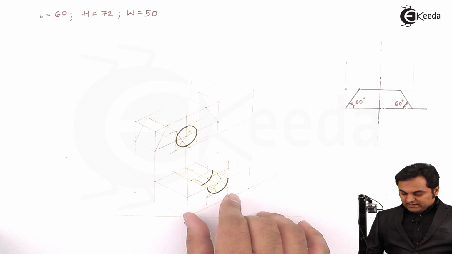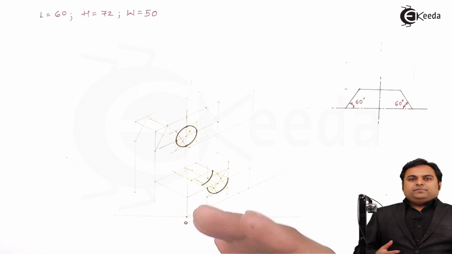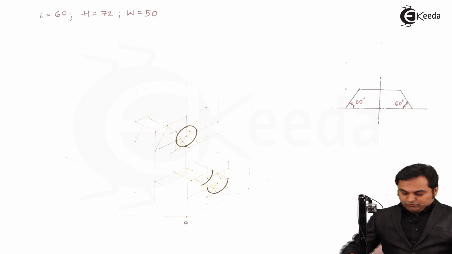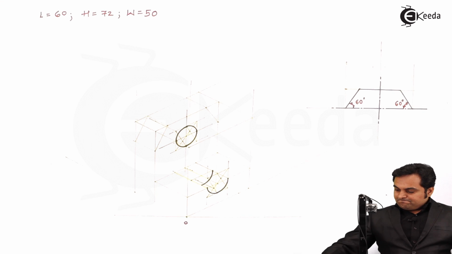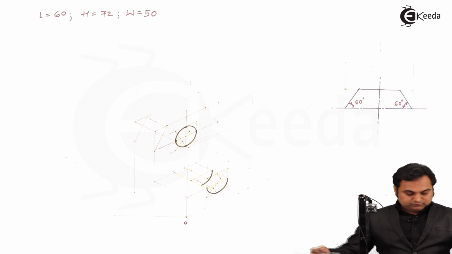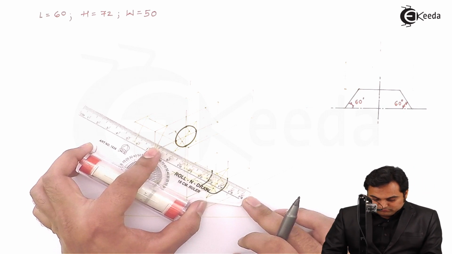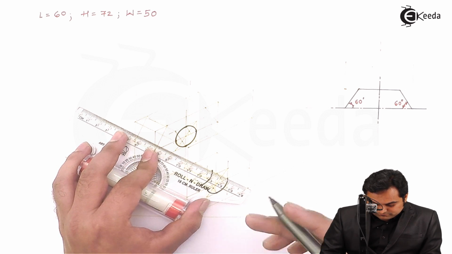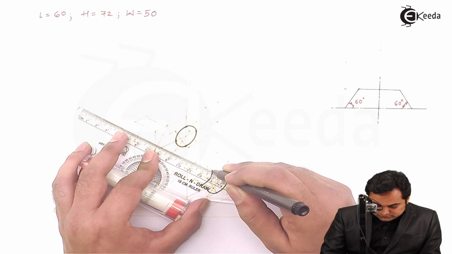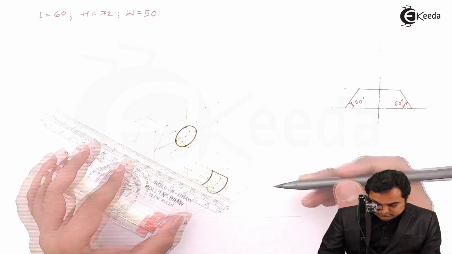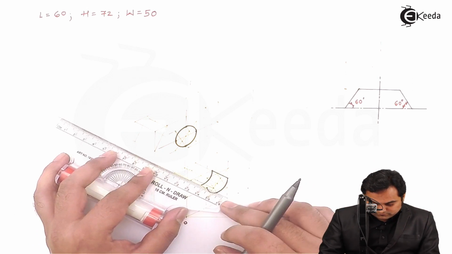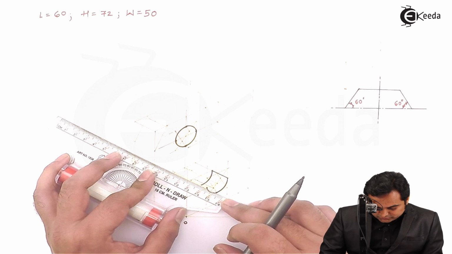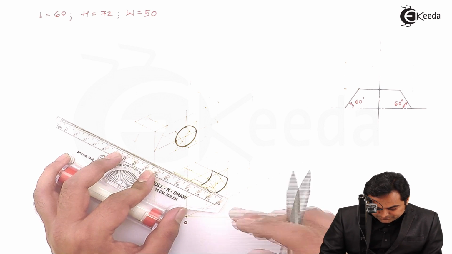Now once I have completed this, the remaining part is very simple. That is, I just have to make these surfaces dark, and for that, starting with the semicircular part, I am connecting both the semicircles, so that it looks like a complete surface.